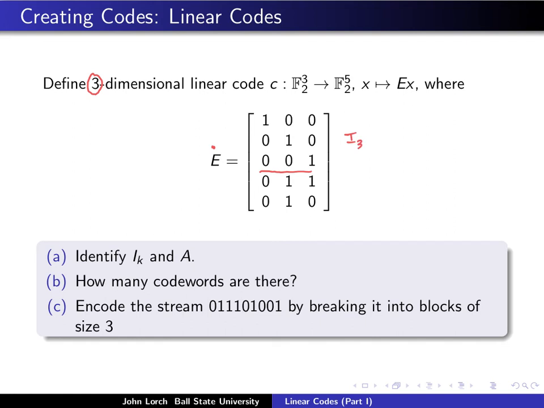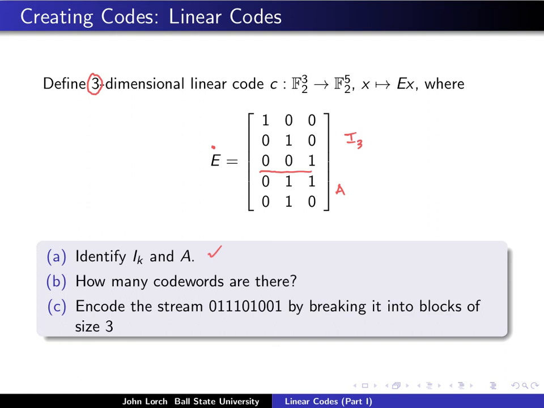So there it is. And then the matrix A is whatever is left down below. Okay, so we have identified I sub k and A.